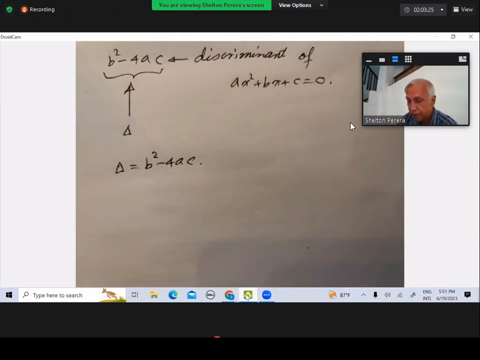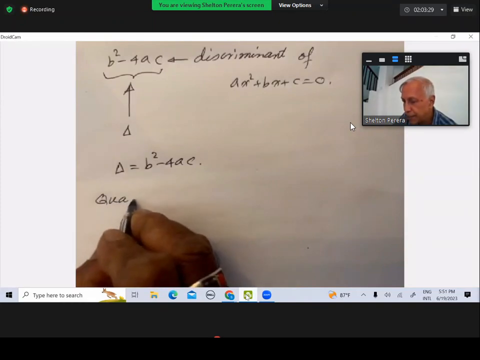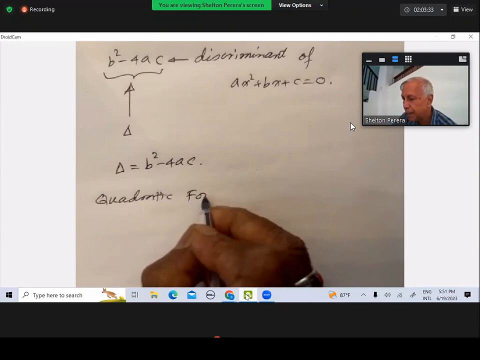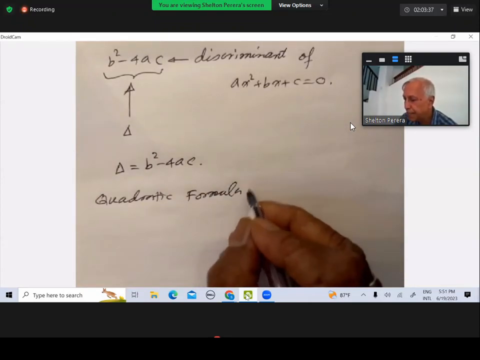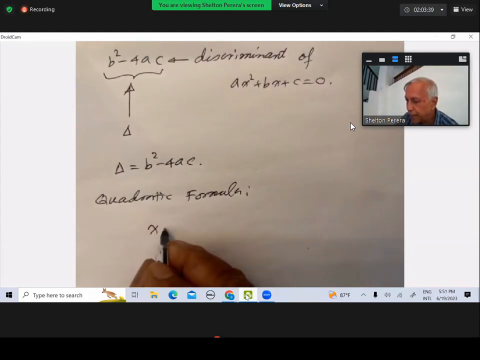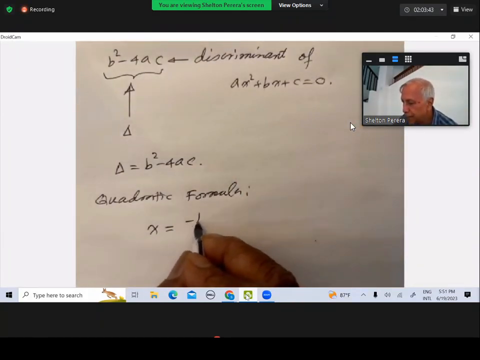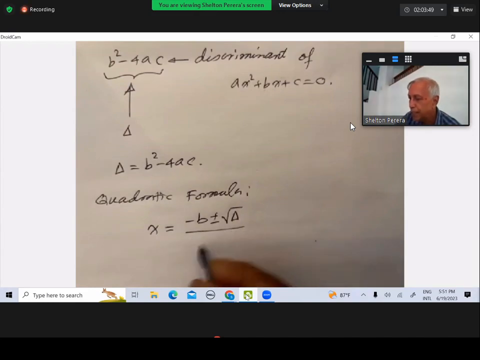So what is x? The quadratic formula can now be written as x is equal to minus b plus or minus square root delta, over twice the coefficient of x squared.